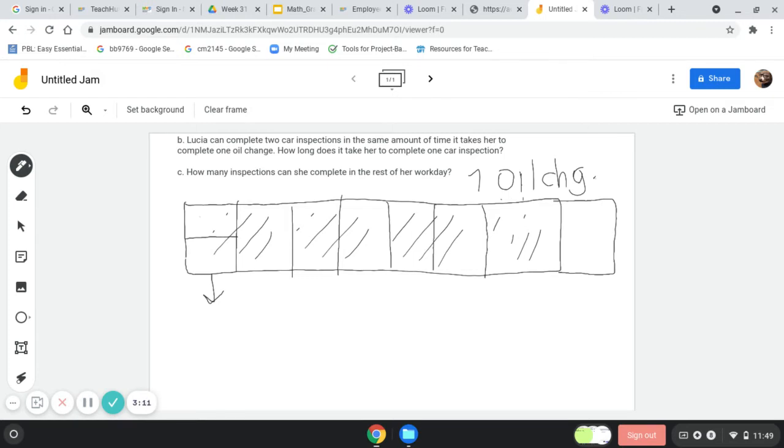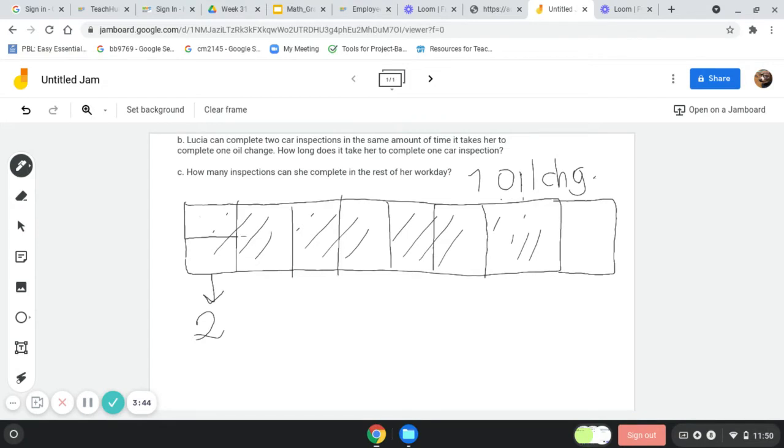So we have 7 half hours here, right? And within each of those half hours, she's able to do 2 car inspections, because it says she can do 2 car inspections in the same amount of time it takes her to complete one oil change.